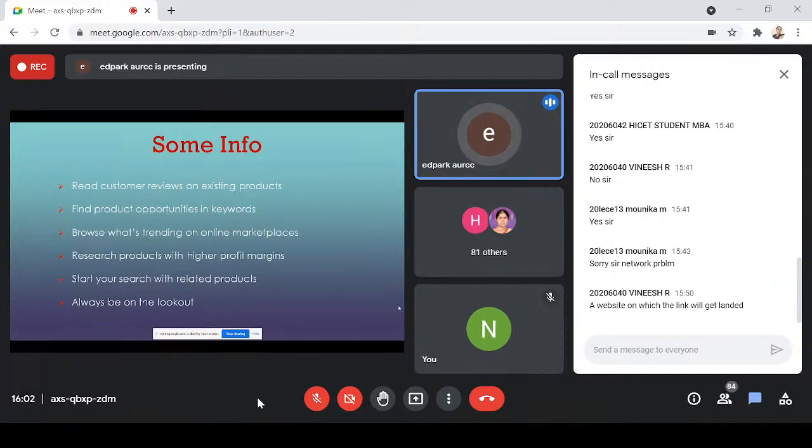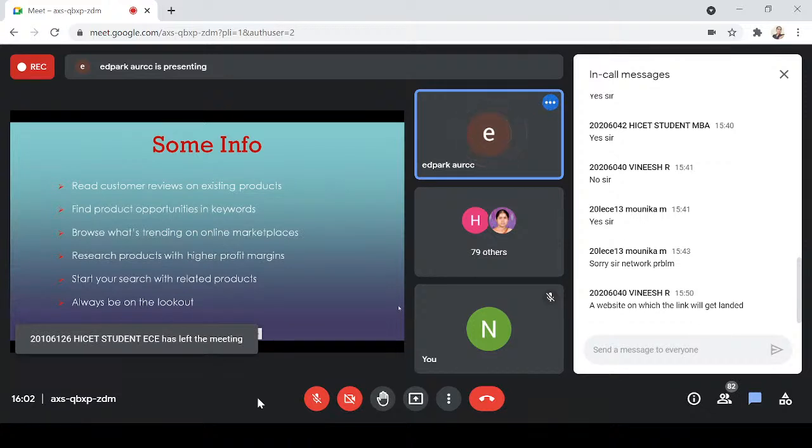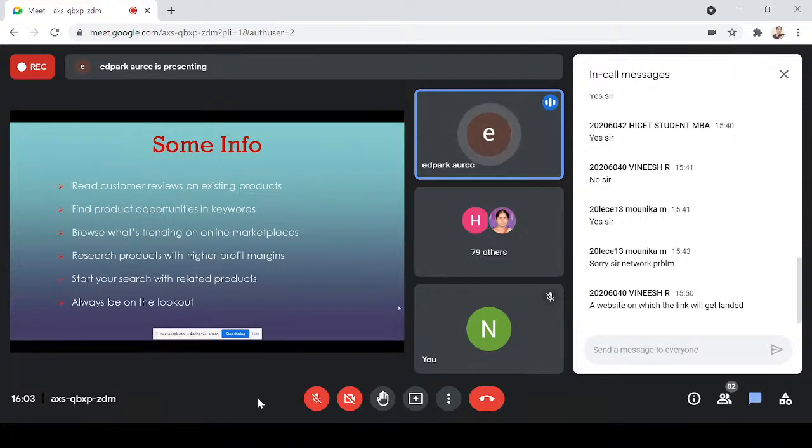The second thing is, find your opportunities in the keywords. Sir, what does it mean, keywords? When you search on Google, how could you identify? For example, Hindustan College of Engineering and Technology. That kind of information is also searched by someone else in some other location.